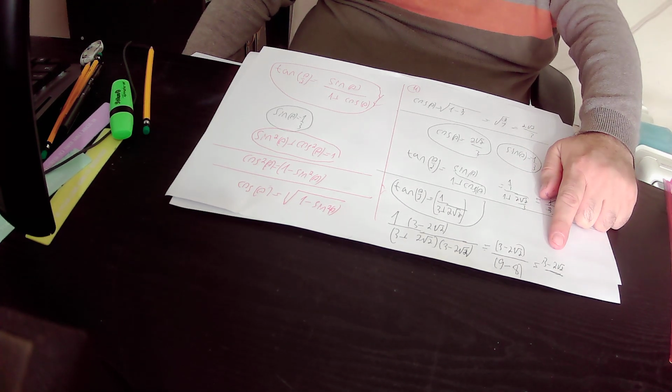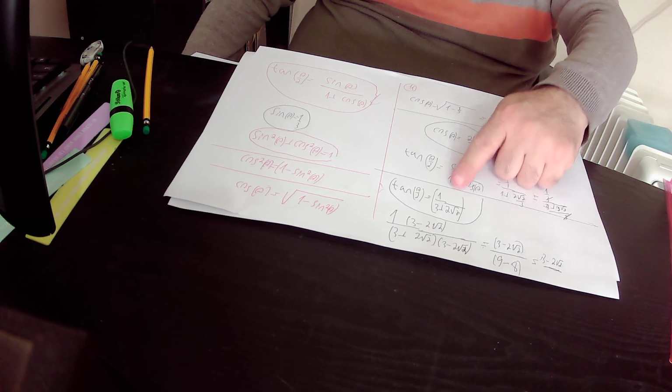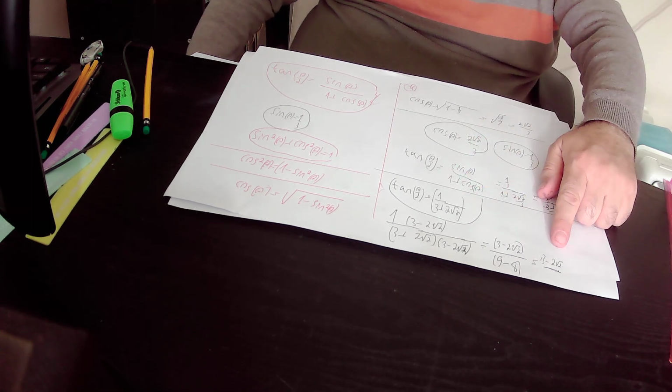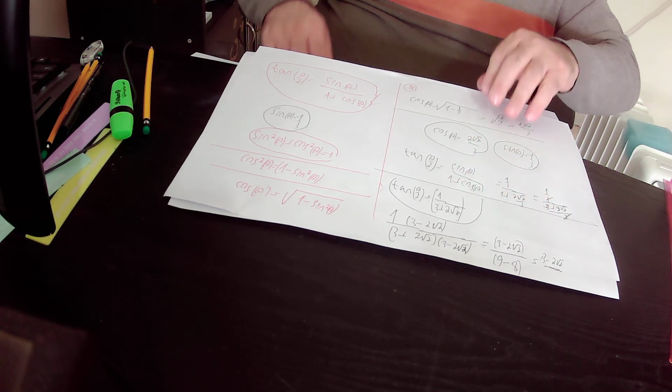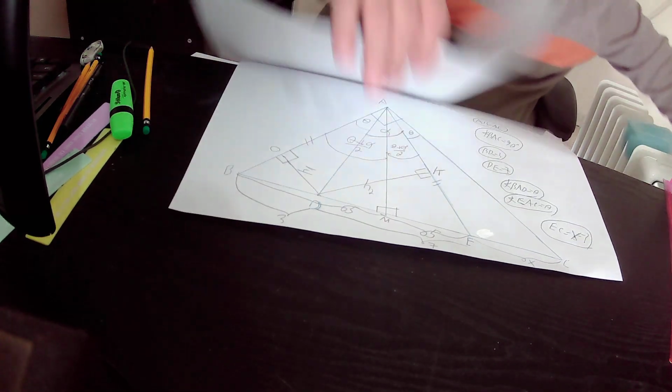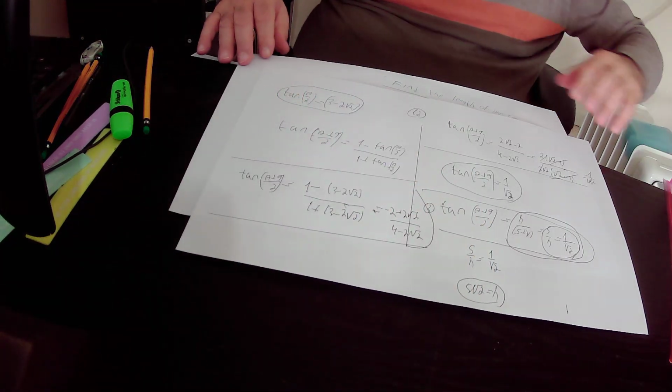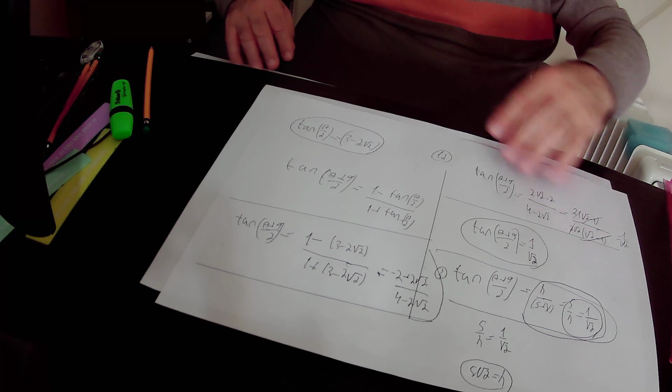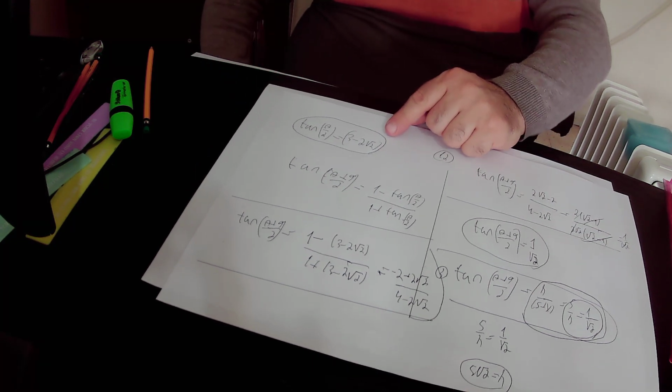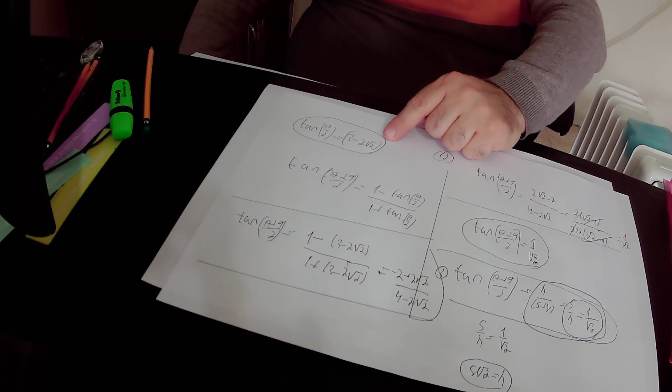and in conclusion we found out that the value of this expression equals 3 minus 2 times square root of 2. And so in conclusion we found out that tangent theta over 2 equals 3 minus 2 times square root of 2.